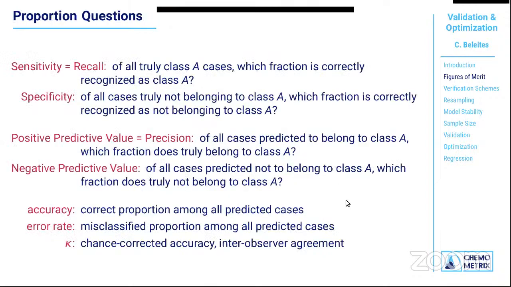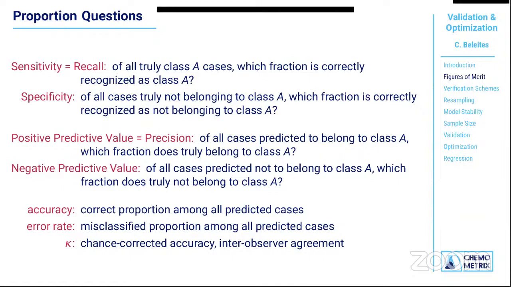So what we can say is that these different figures of merit answer certain types of questions about our model. Sensitivity, as I said, of all truly class A cases, which fraction is correctly recognized as class A. This is also called recall. Specificity, the opposite, those that truly do not belong to class A, which fraction thereof was correctly predicted.